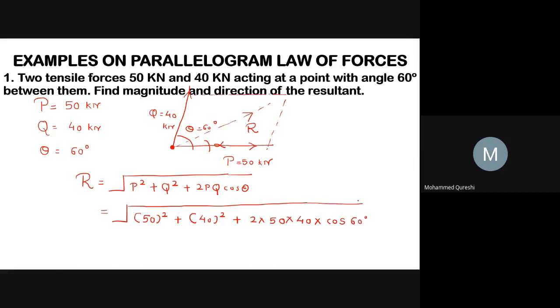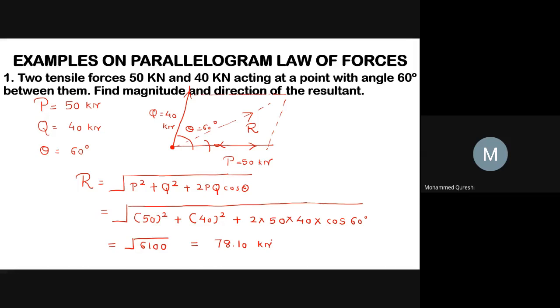Here we have put all the values required in the given equation. By solving this, we will get the value of resultant as under root of 6100 kilonewton. After finalizing it, we get 78.10 kilonewton. So we have found that the magnitude of the resultant is 78.10 kilonewton.